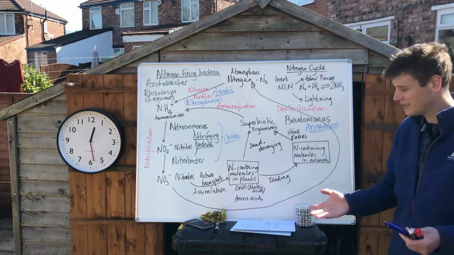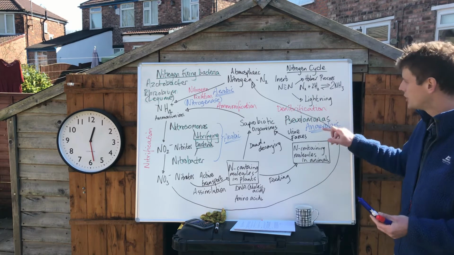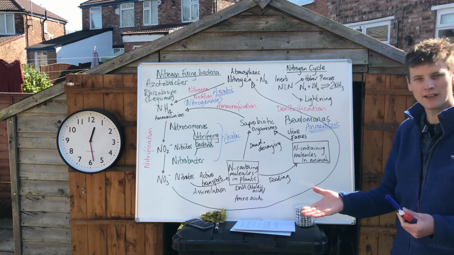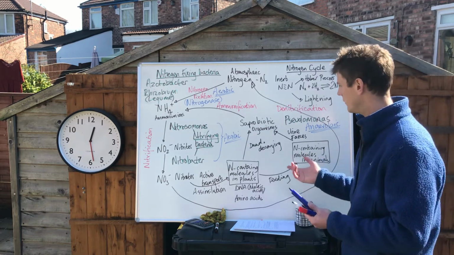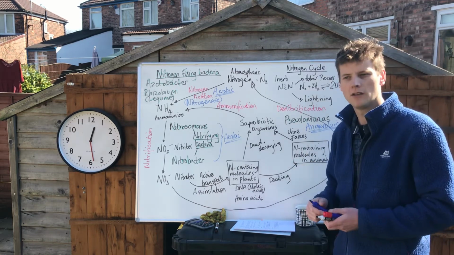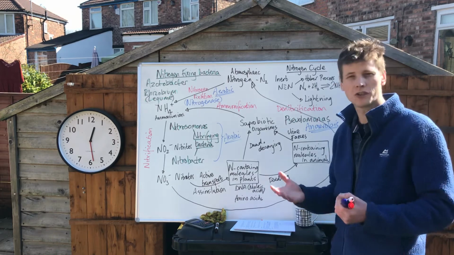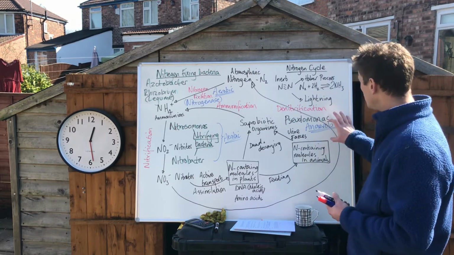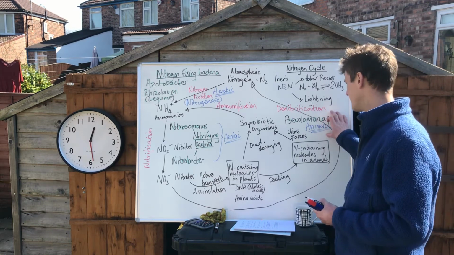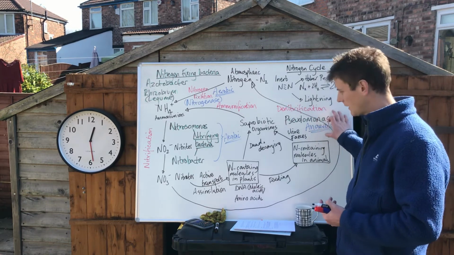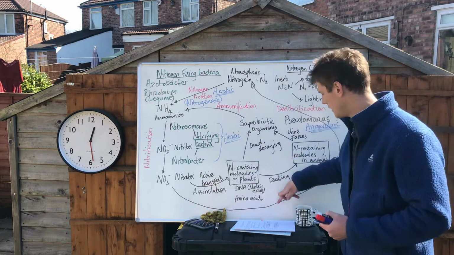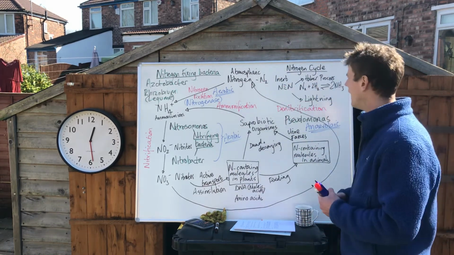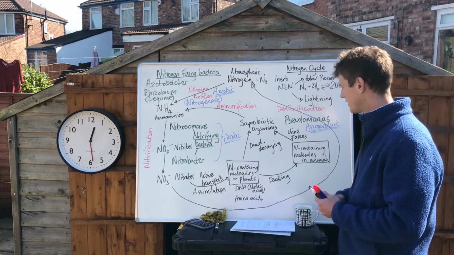So again, by reducing those anaerobic conditions by ploughing, or, I didn't mention this before, by preventing waterlogged fields, or draining waterlogged fields, you can prevent these denitrifying bacteria from growing. And that would stop the nitrates from being returned to the atmosphere as nitrogen gas.